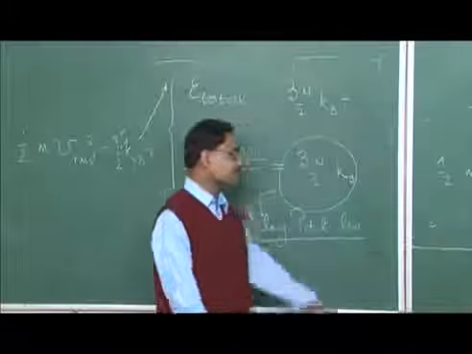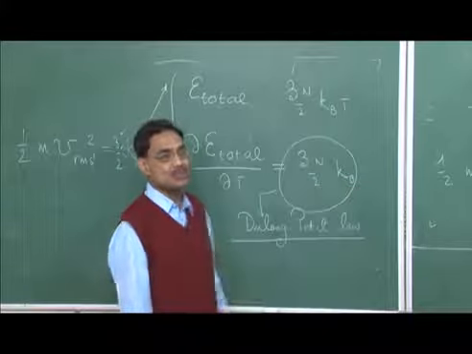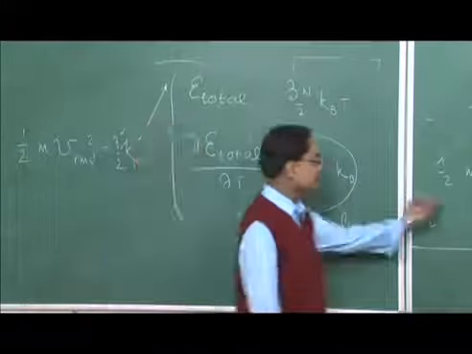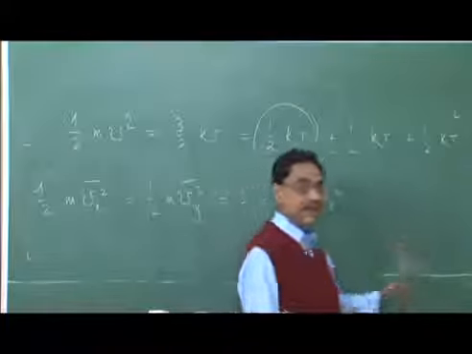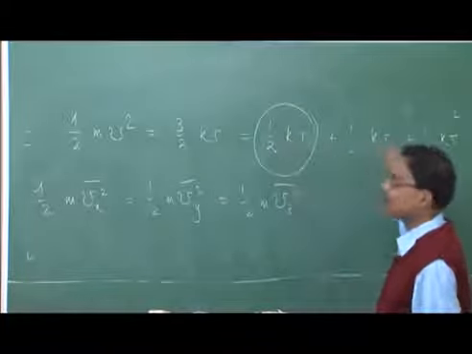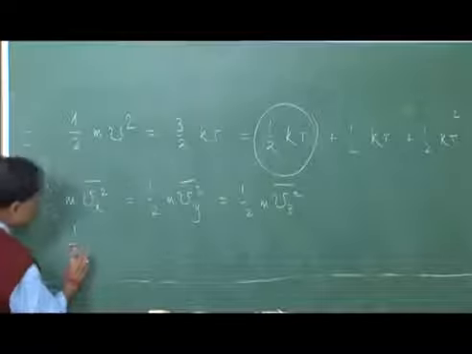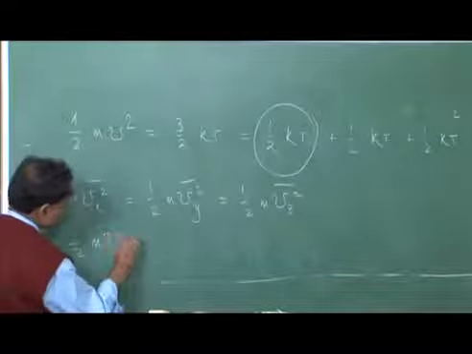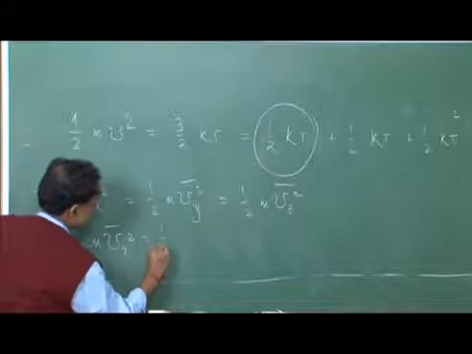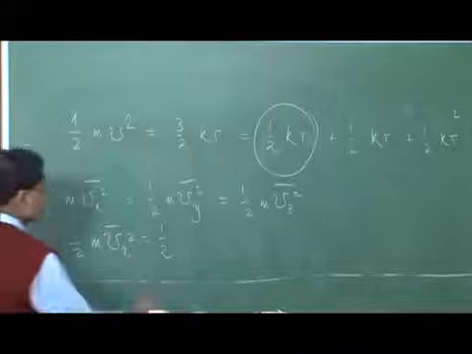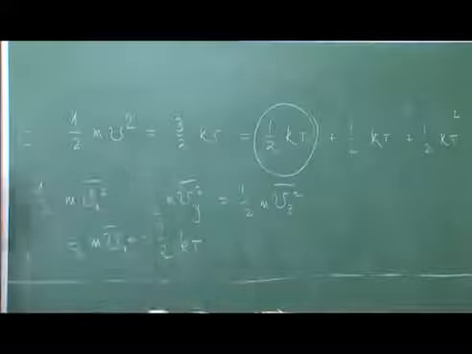So, in the average sense, these 3 things should be the same. If these 3 things are the same and total kinetic energy is 3/2 kT, I immediately conclude that half m vx square average is nothing but half kT.